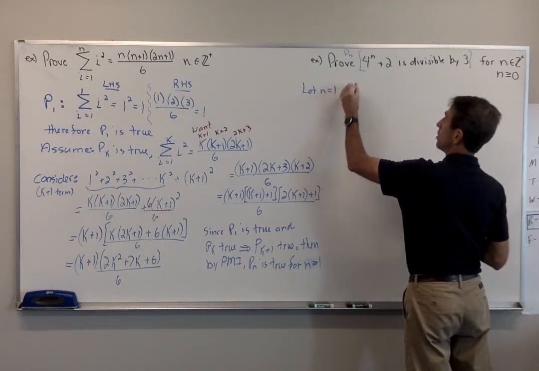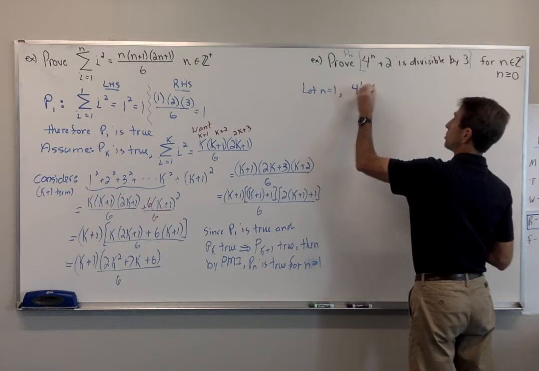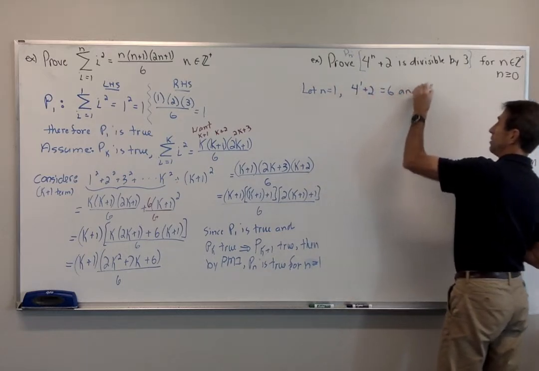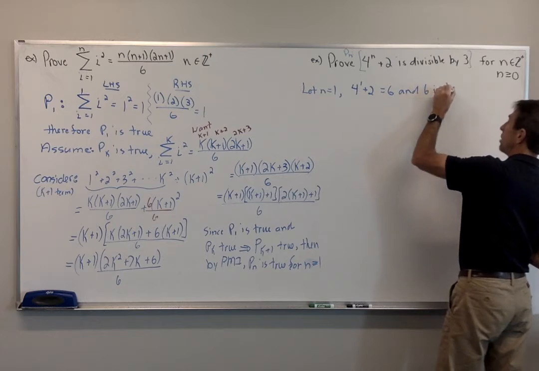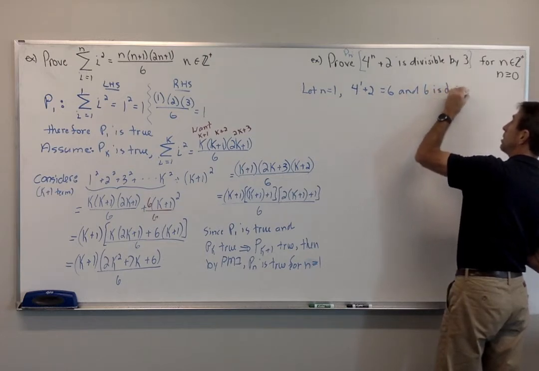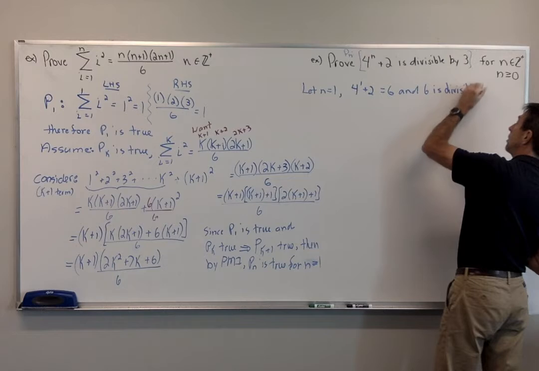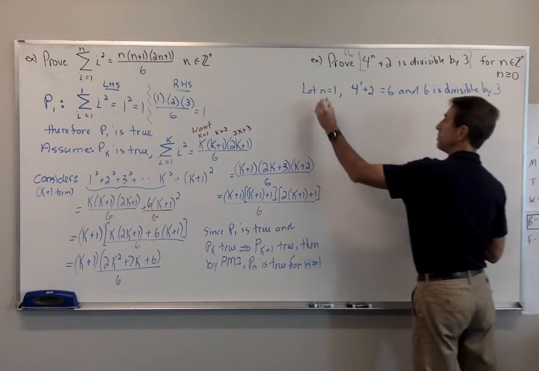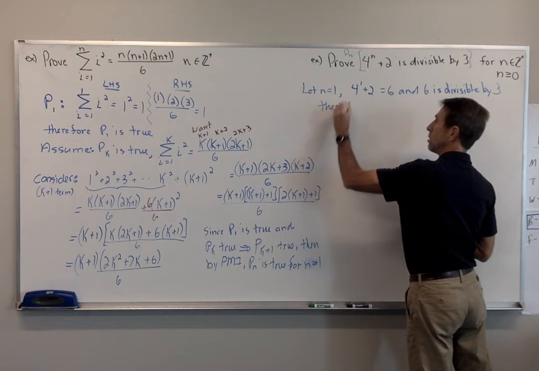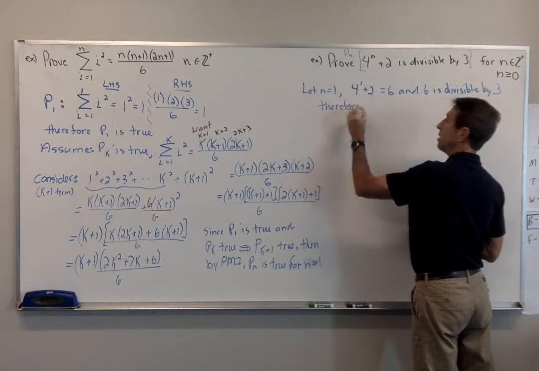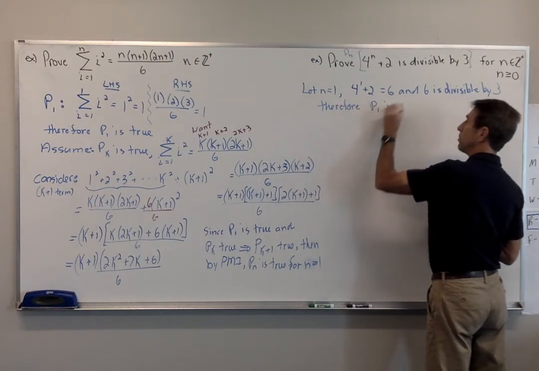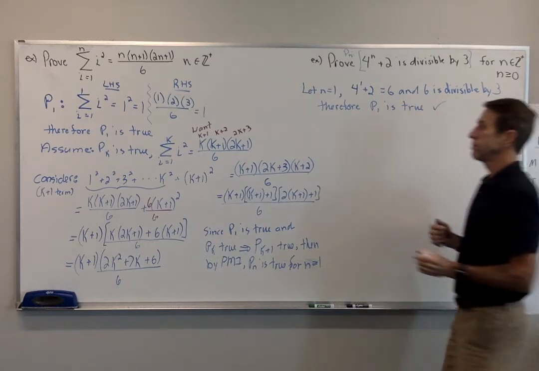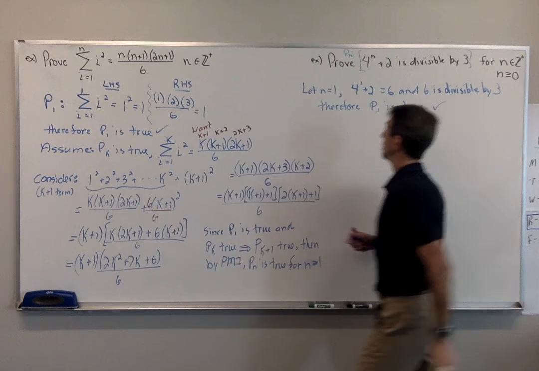So therefore, 4 to the first plus 2 equals 6, and 6 is divisible by 3. Good. Therefore, I could say so, P of 1 is true. I always want to go for that. I like a check mark too.